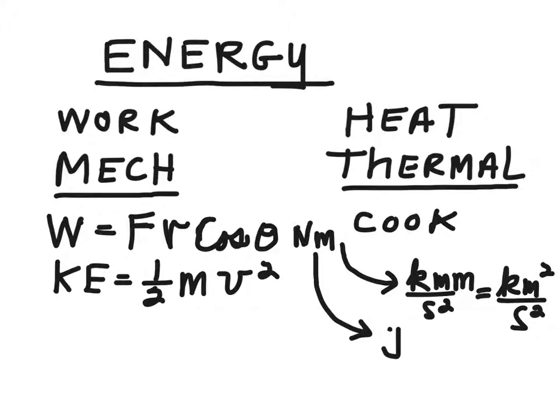We'll call it uppercase J for joule, named after a scientist of the name of Joule. So here are three different units for work or energy. A Newton meter, kilogram meters squared per second squared, or a joule.